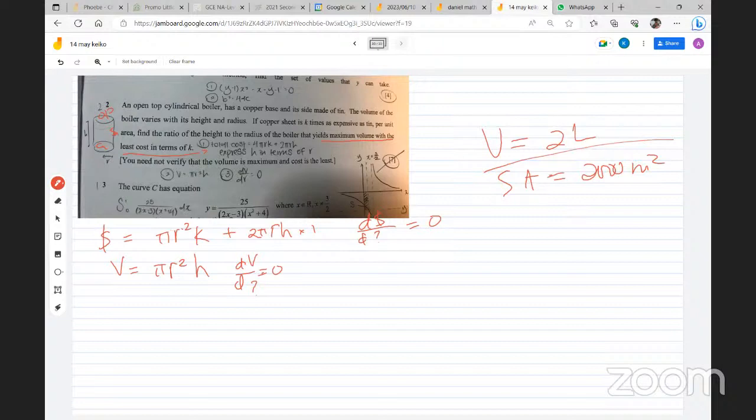So maybe I'm missing something. For example, here, maybe the surface area should have been fixed, because the volume shouldn't be fixed, right? Maximum volume, right? But is the surface area fixed? Find the ratio of the height to the radius of the boiler. Okay, makes sense.